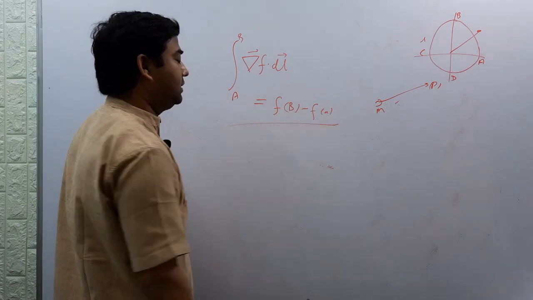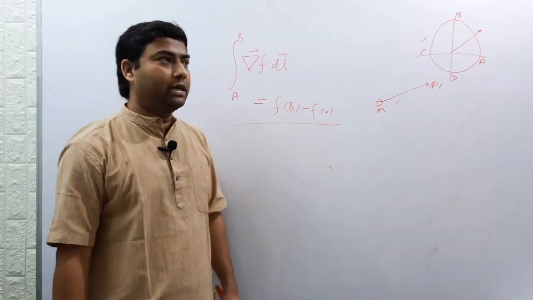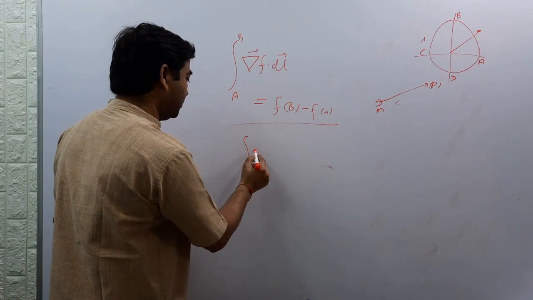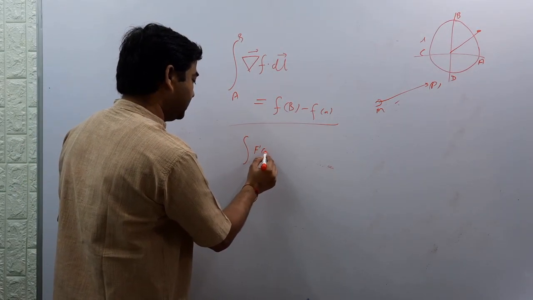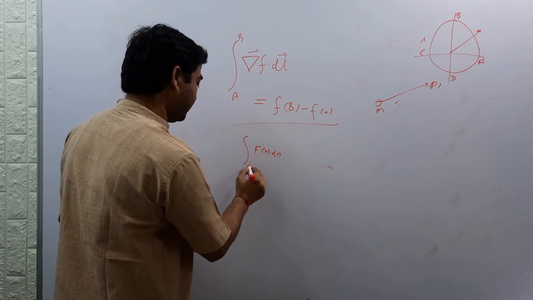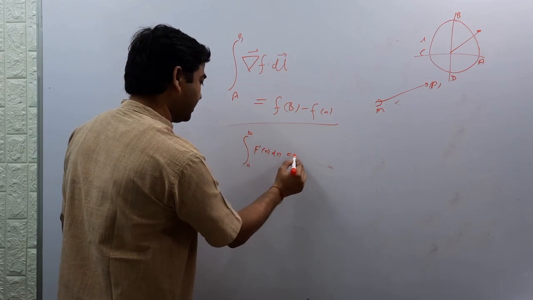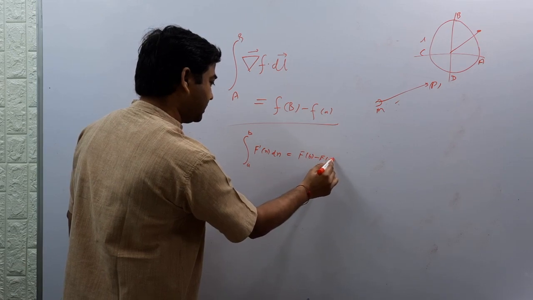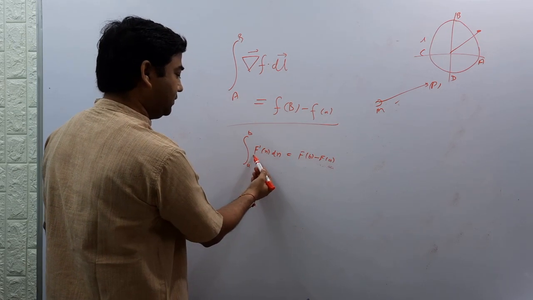This is the fundamental theorem of vector calculus, analogous to the fundamental theorem of calculus, which is written as f(b) minus f(a), where f is the antiderivative of this function.